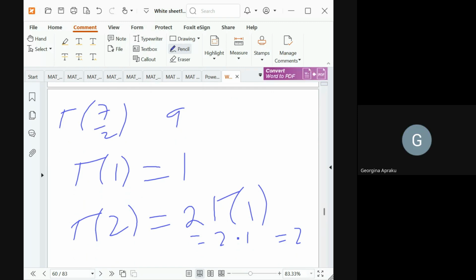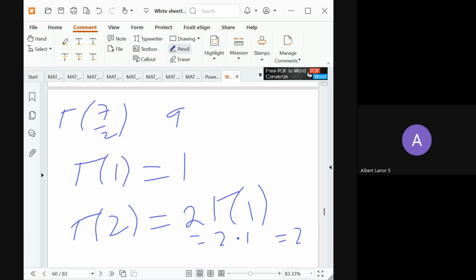Okay, so we just started with the next one. The next one is gamma of the integer values, not the fractional values. Now for the integer values, we have gamma of 1 is 1. That one we showed from integration. Then we want gamma of 2.